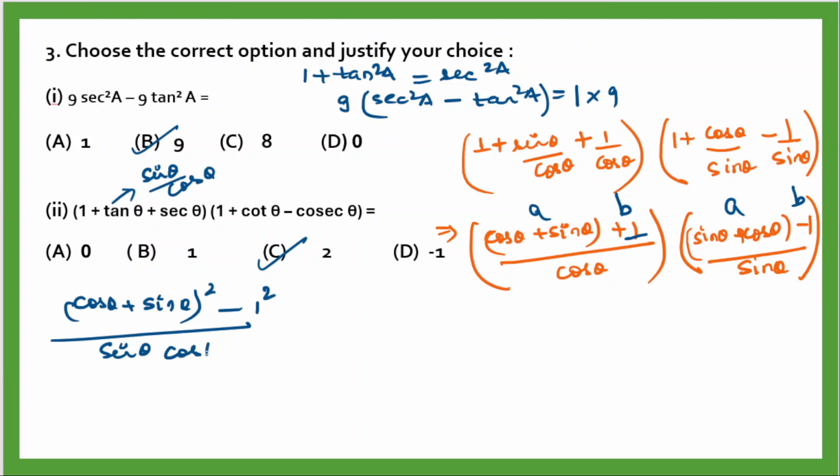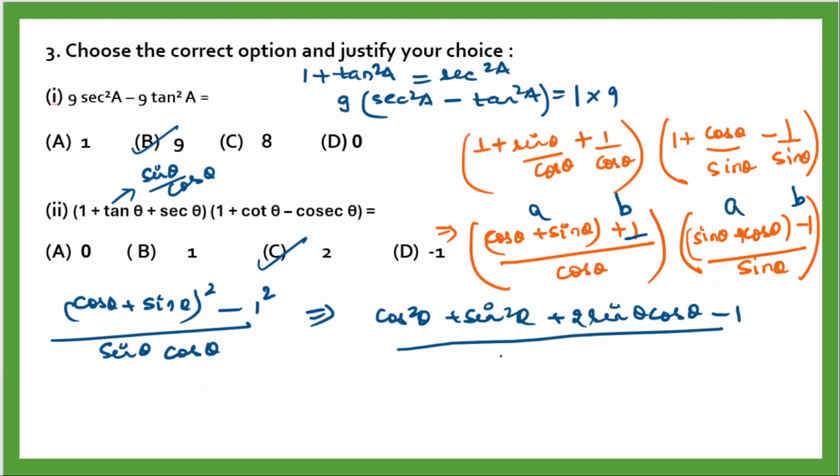Okay. So open this bracket, you can write it as cos square theta plus sin square theta plus 2 sin theta cos theta minus 1 divided by sin theta cos theta.